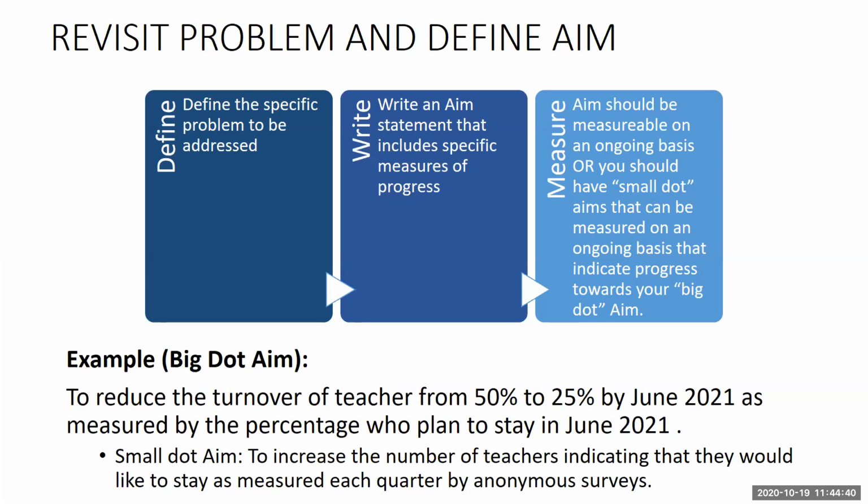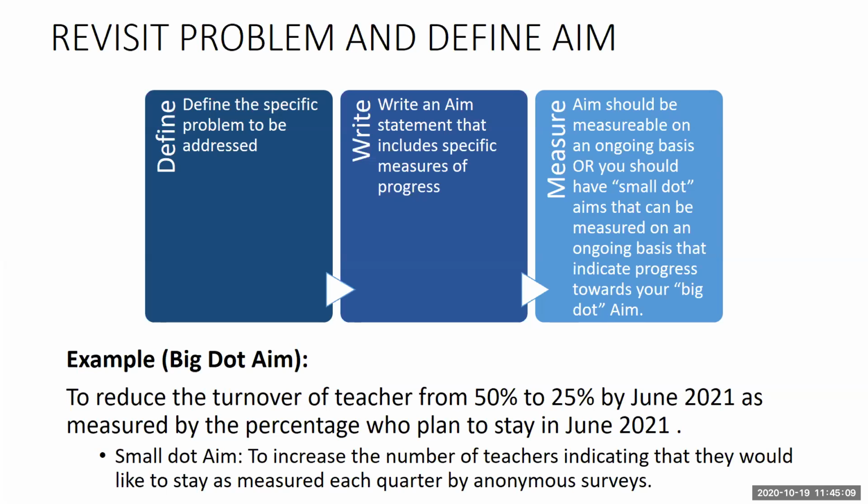So sometimes people will then have small dot aims or ways to see along the way if you're making progress towards that aim. So that might be doing monthly anonymous surveys, just saying how many of you would like to stay if you were asked at this point in time. And you could do that a few times quarterly to see if you are starting to make progress or not.